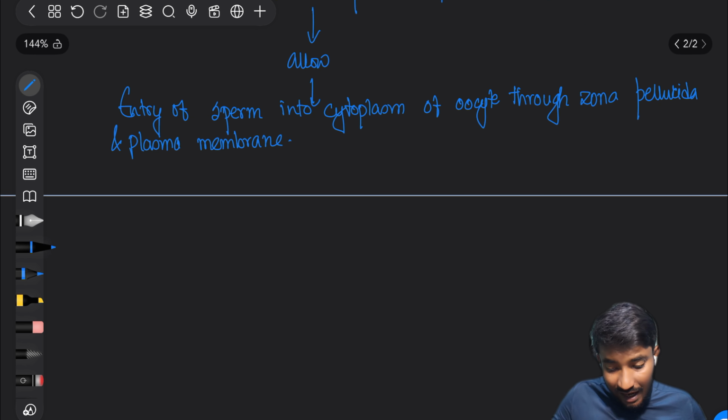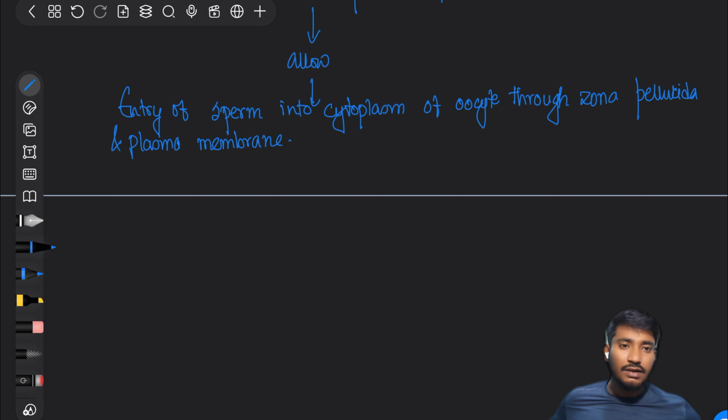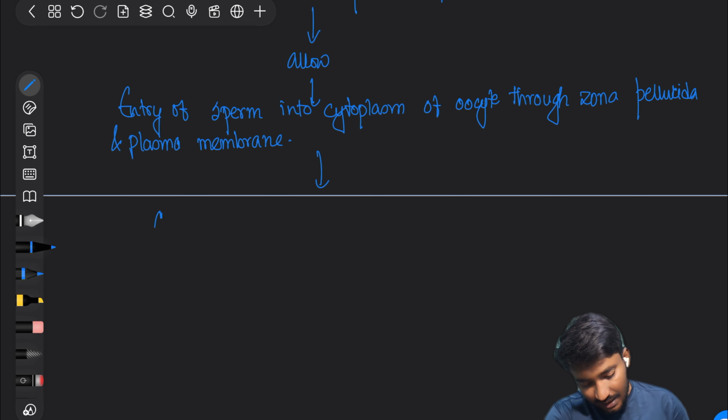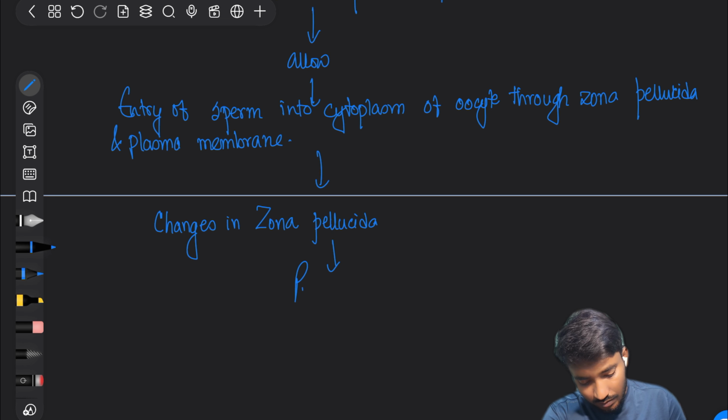Okay. After that, what do we see? Changes in the zona pellucida layer. What happens?